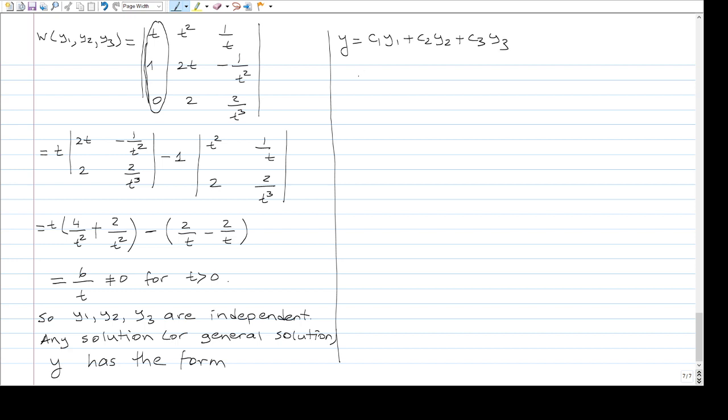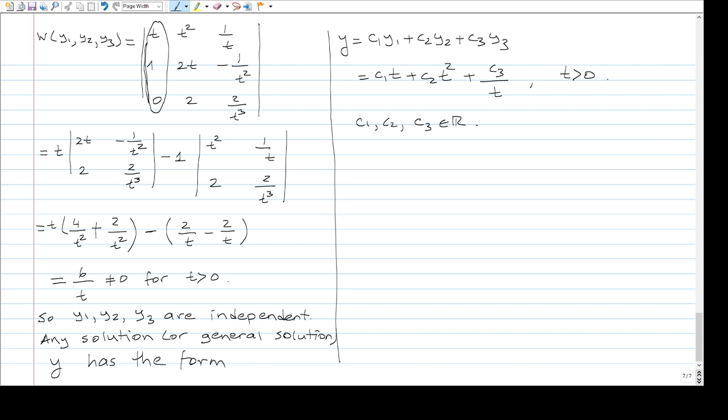So it is of the form c1 times t plus c2 times t squared plus c3 times 1 over t, so c3 over t. But remember, this is on the interval t greater than 0. And c1, c2, c3 are any constants, but real constants, remember.